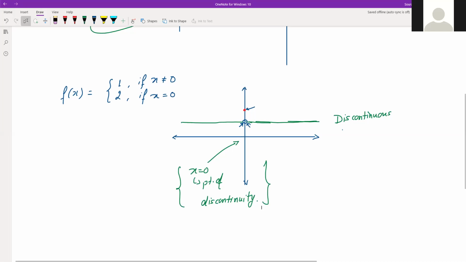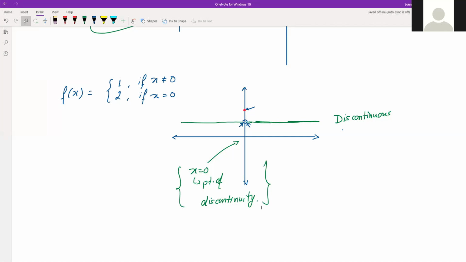Some functions are easy, for example, this function was easy, so we drew this graph, but it won't be that easy always. So in that case, what can be done? Is there a way to find out whether a function is continuous or not? Is it possible to find out without drawing the graph? That's what we are going to see now.